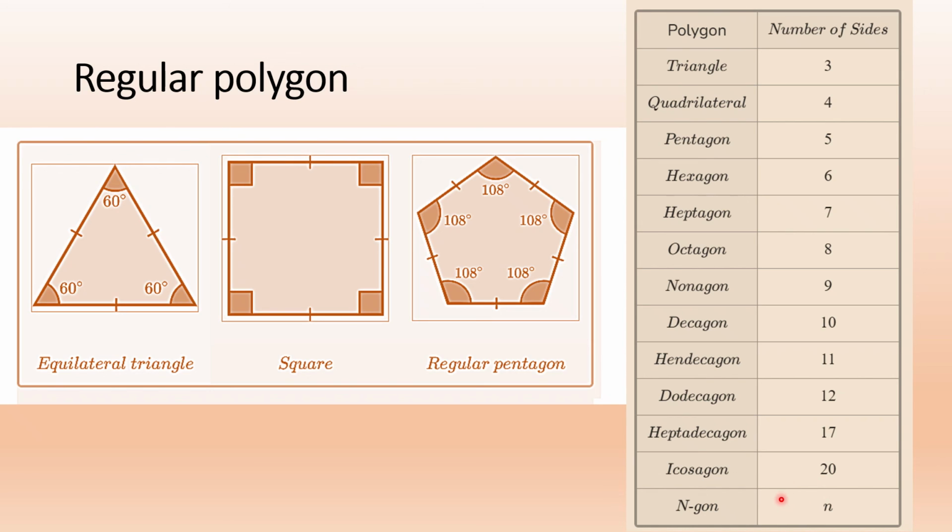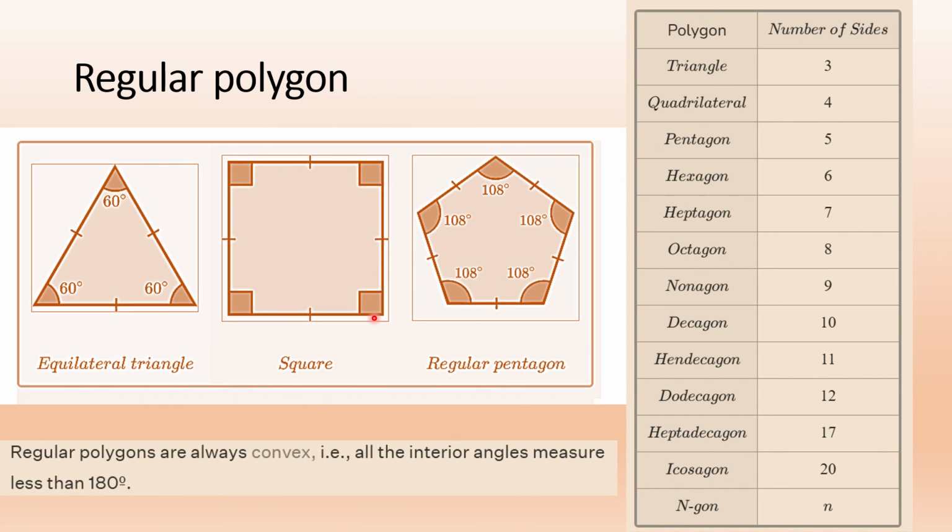And if we do not know how many sides there are, we call it an n-gon. If some polygon has 30 sides, you can say 30-gon. You write it this way, representing the number of sides it has.